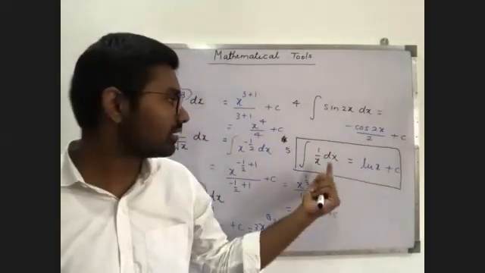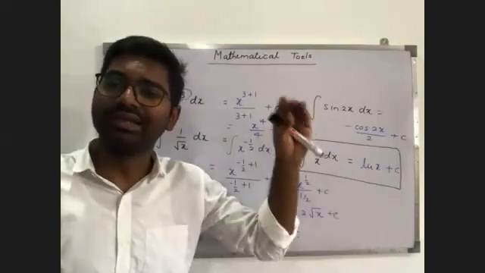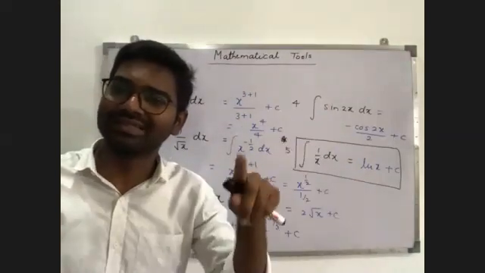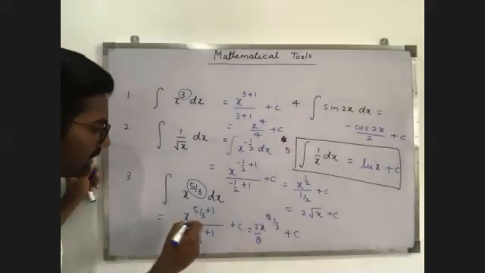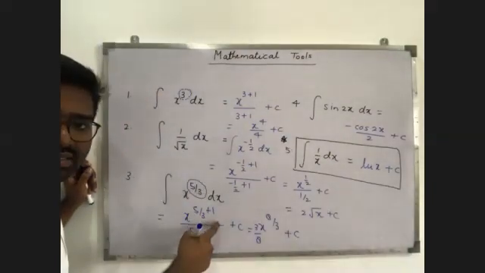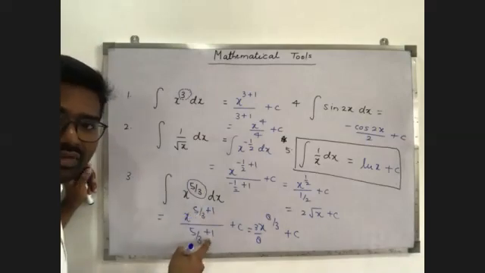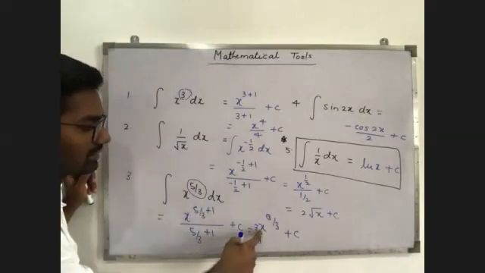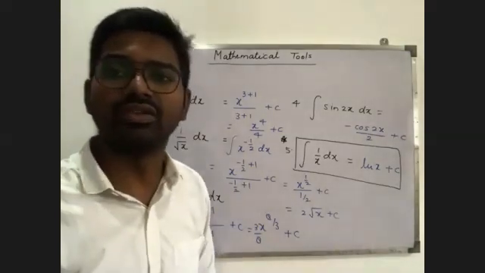If you use the x to the power n rule, then you will get something divided by exactly 0. That is undefined, because of that we are not using it. Look here, x to the power 5 by 3 plus c. So x to the power 5 by 3 plus 1 divided by 5 by 3 plus 1. That is 3 by 8 x to the power 8 by 3. Is it clear to everyone? Any more questions now?